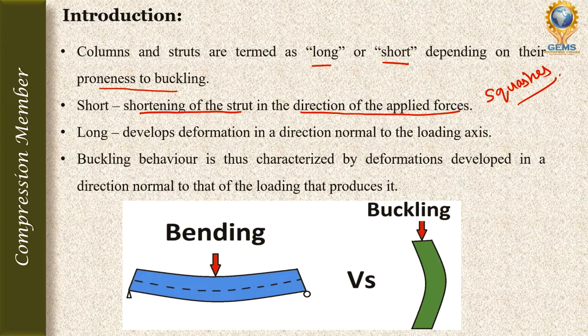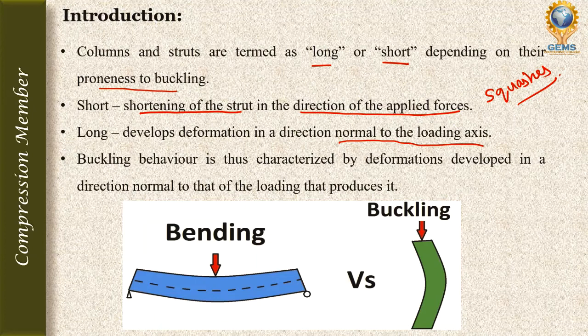Thereafter, the strut will become unstable. Once it becomes unstable, it develops a deformation in the direction normal to the loading axis. The strut is then in a buckled state.